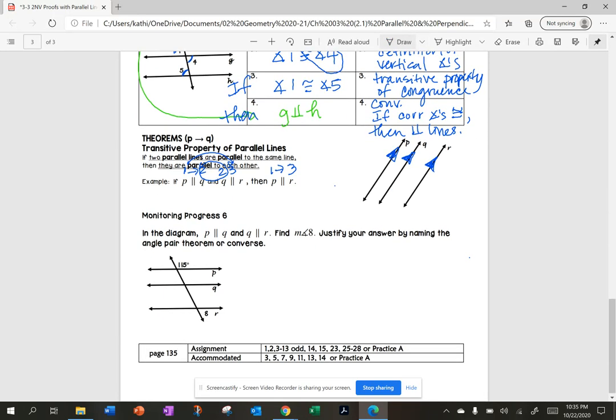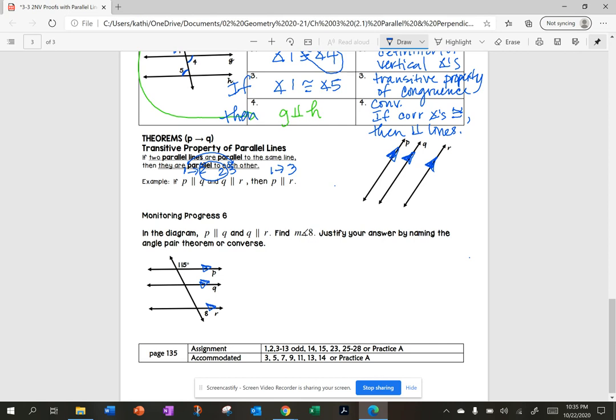All right, so let's do an example with this. In the diagram, if P is parallel to Q and Q is parallel to R, find the measure of angle 8.